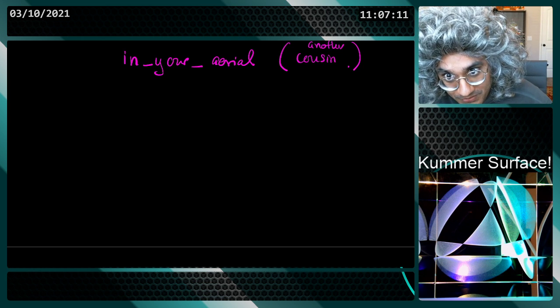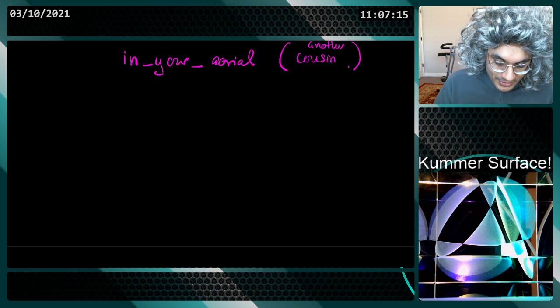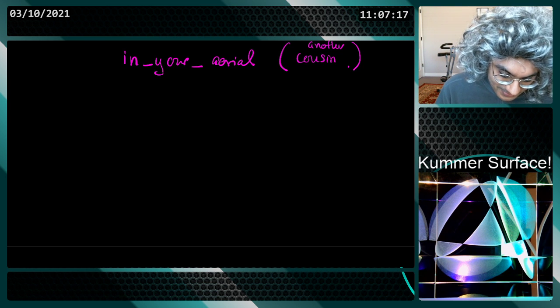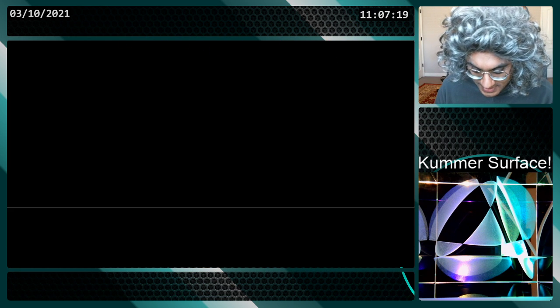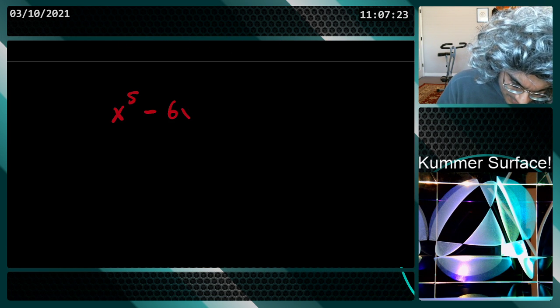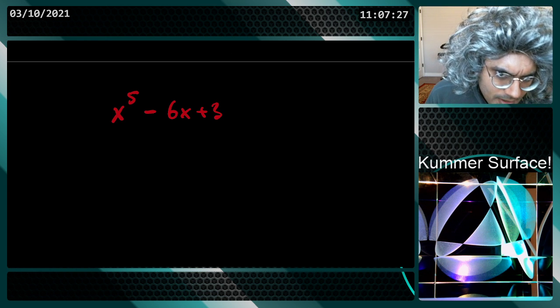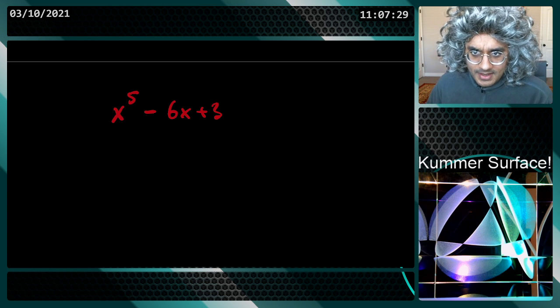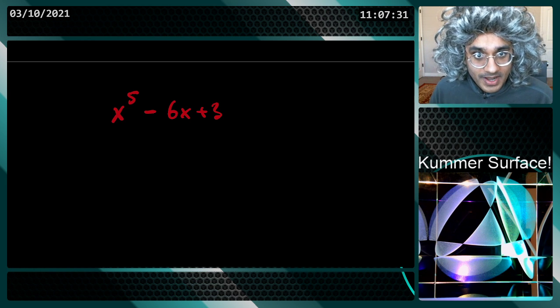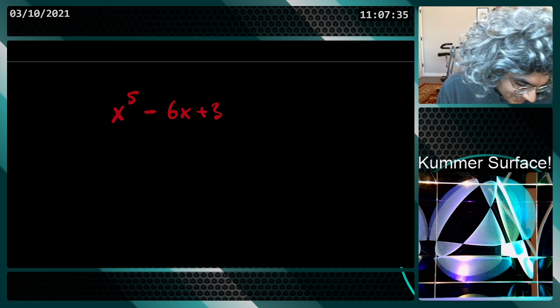For example, in this class, Galois theory. I can give you an example. I think this is the polynomial. Try to solve it. Find a number that solves this algebra problem.